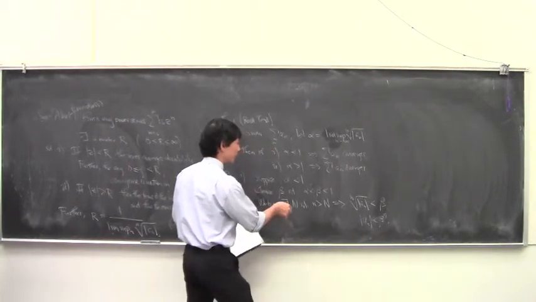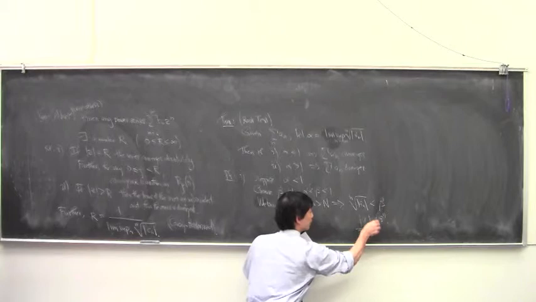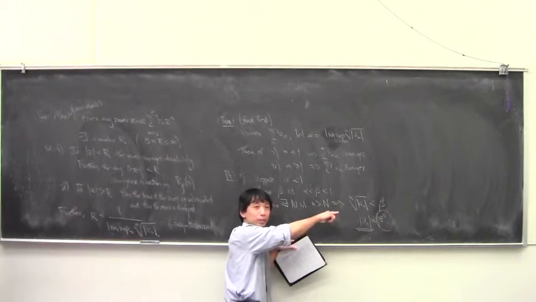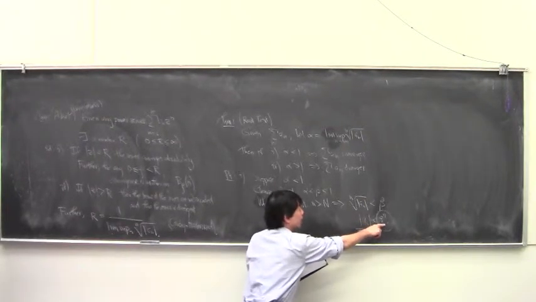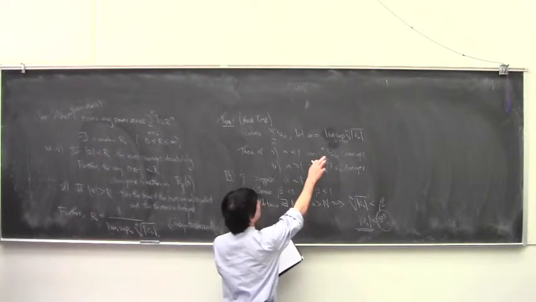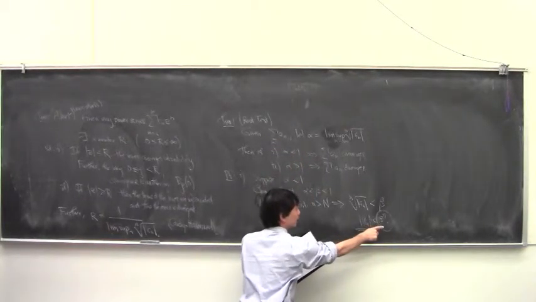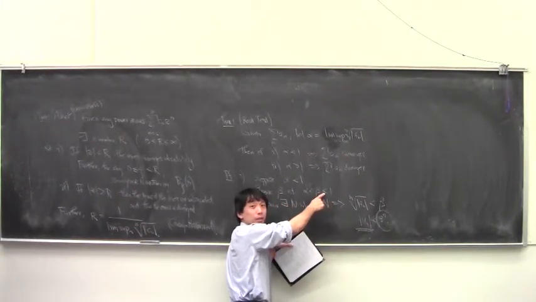So, what's the point? That you're bounding this guy by the elements of a geometric series, right? You're controlling your original series by a geometric series where the ratio is smaller than 1, right?